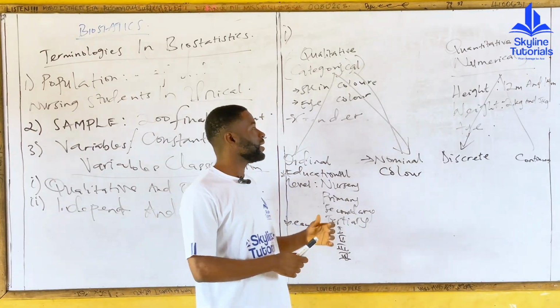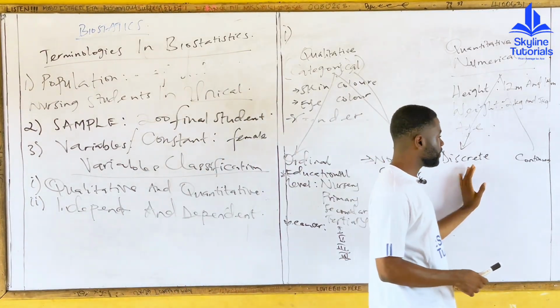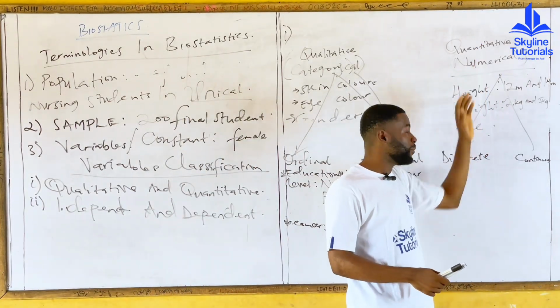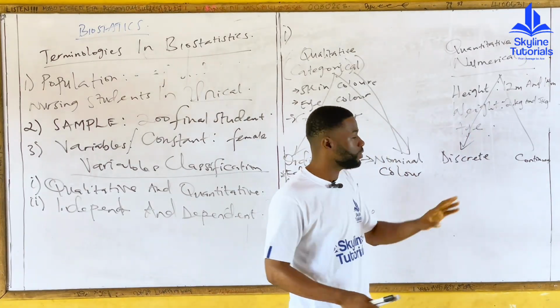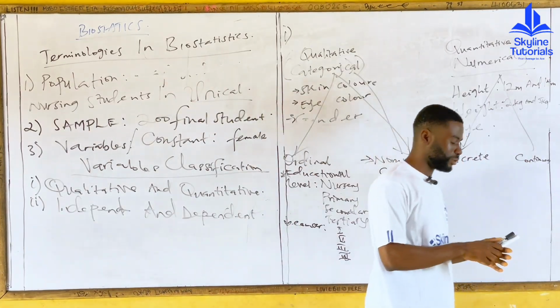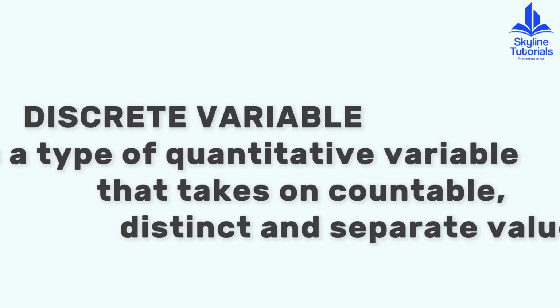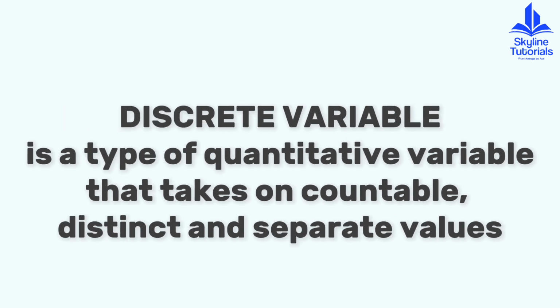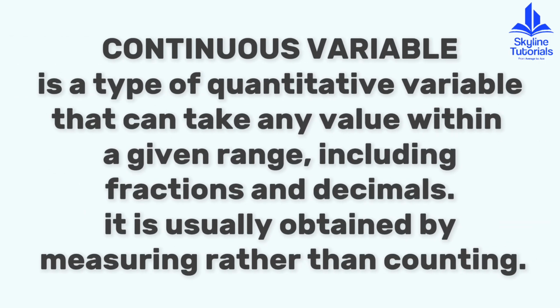For the quantitative variable, which is subdivided into discrete and continuous, a discrete variable is a numerical variable that is fixed. While for continuous, it varies in range.